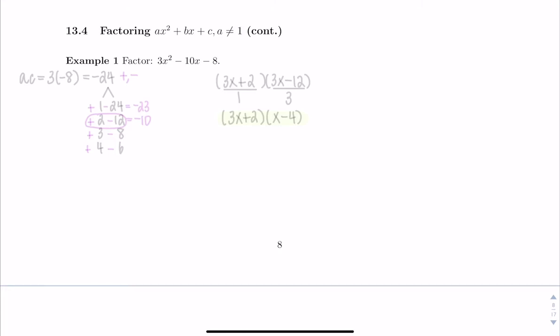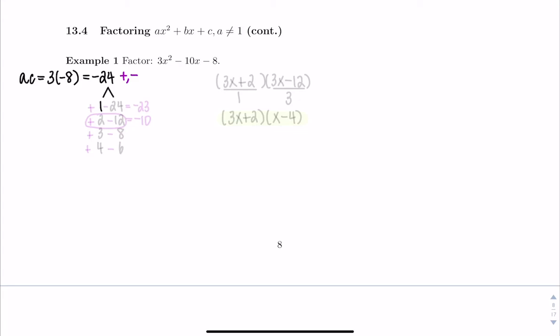No, we can't. So what we're going to do is we're going to do A times C, which is 3 times -8 or -24. And so this means that I have to have one positive and one negative number.